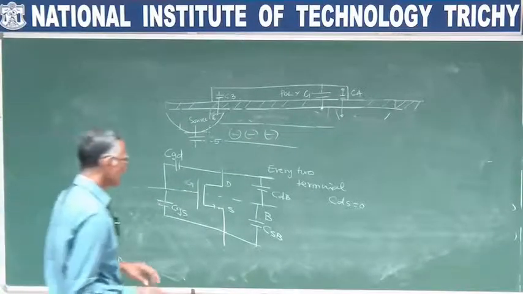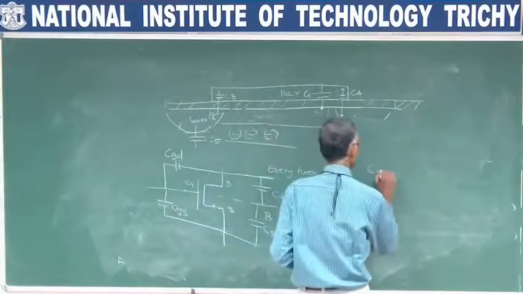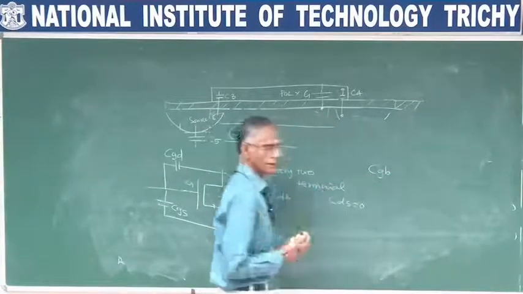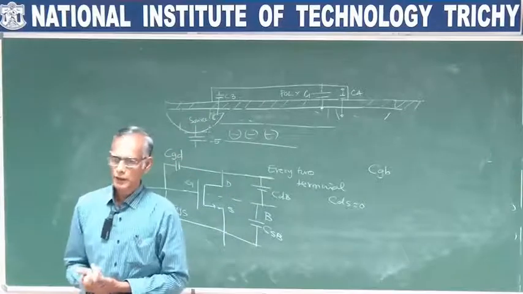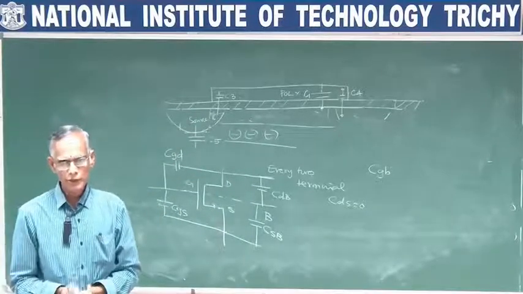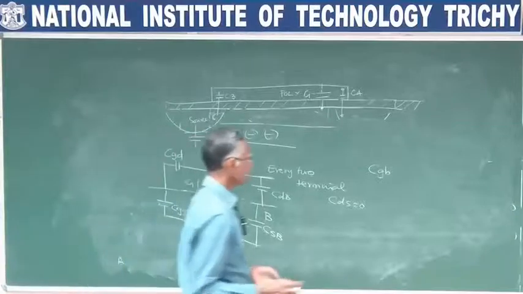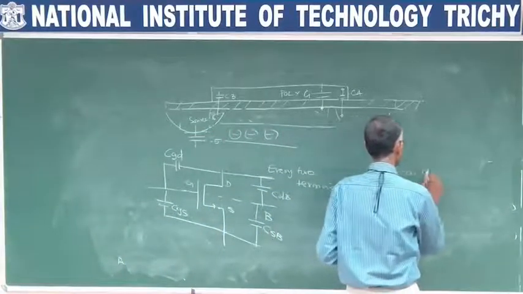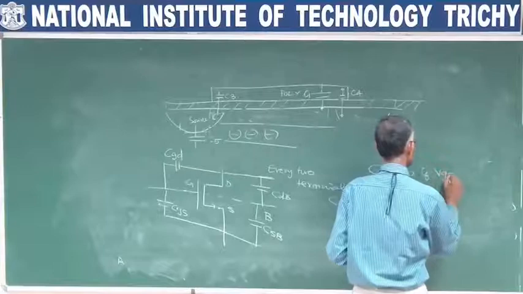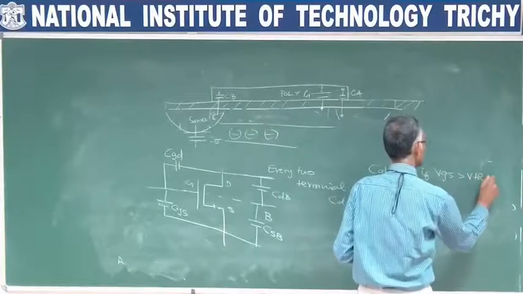And regarding CGB, it can be finite or it can be 0. CGB is 0 if VGS is greater than VTH.